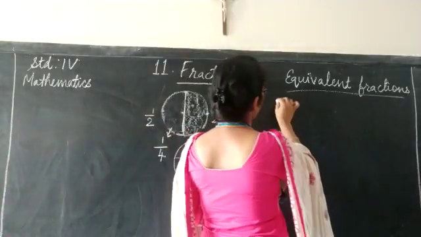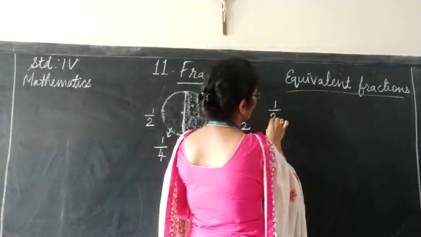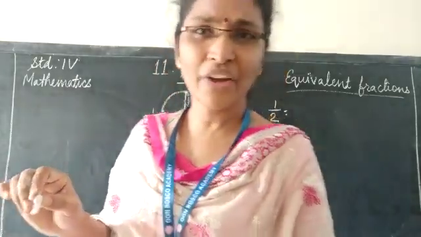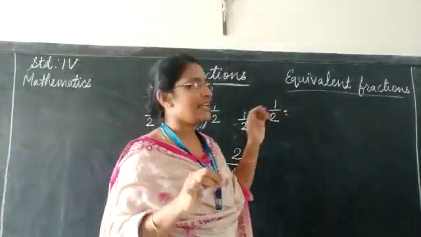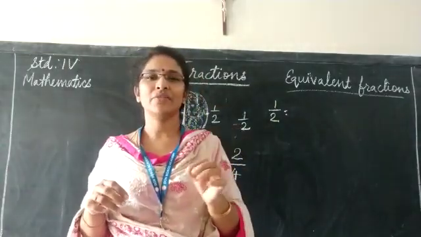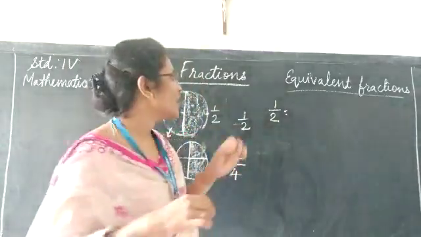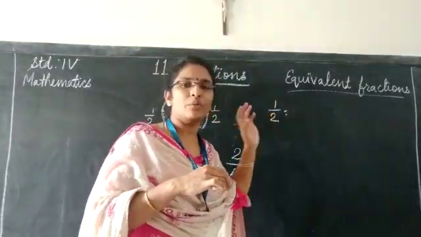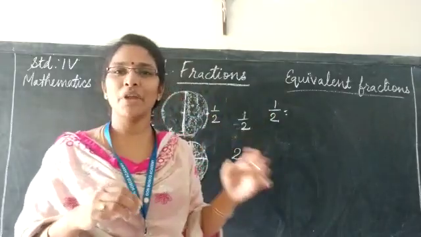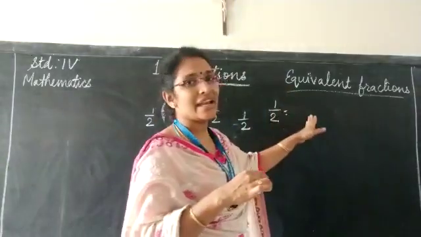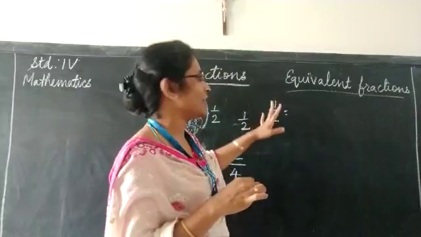Okay. Now how can we find equivalent fractions for a given fraction? For finding equivalent fractions for the given fraction, we have to multiply the numerator and denominator with the same number. Okay? First, I am going to find the next equivalent fraction of 1 by 2.